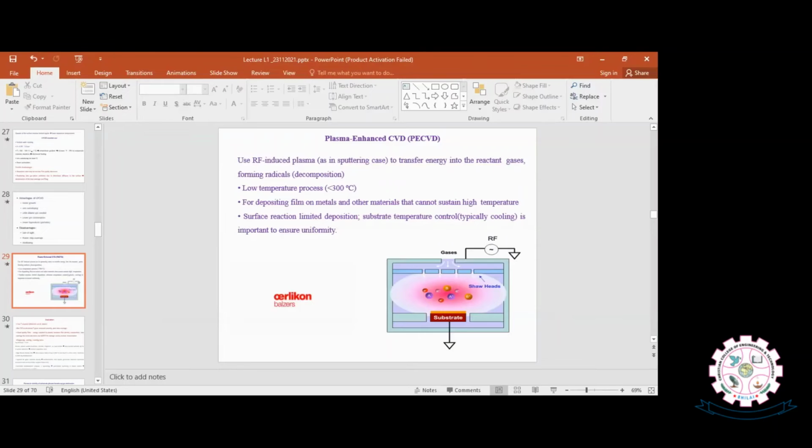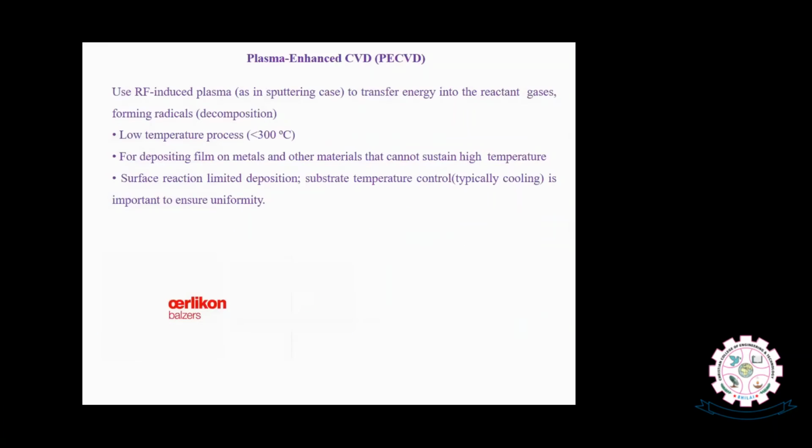In order to break the bonds between the molecules, you are using the plasma to reduce the temperature.